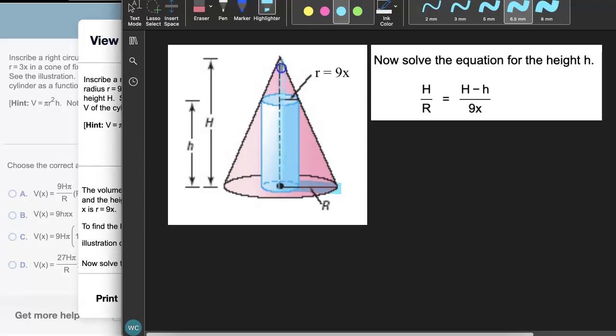But I have this triangle with legs H and R, and then I have this similar triangle over here with H minus h, upper and lowercase, and it's lowercase r, which is also equal to 9x. So that's why we have this statement. We're making a statement of proportion with similar triangles.